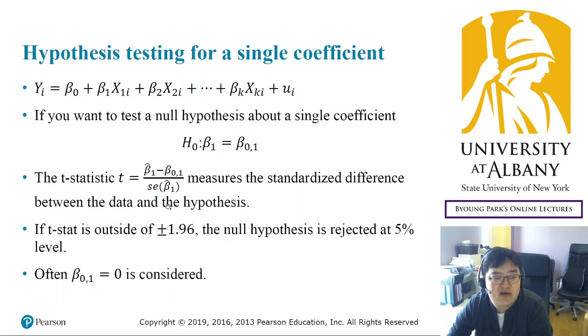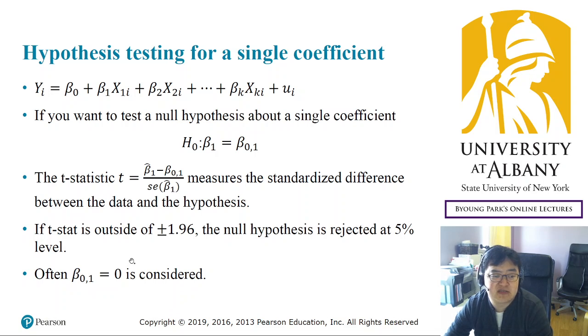At this threshold, we say that the null hypothesis is rejected at the significance level of 5%. The most common hypothesis testing is based on this.